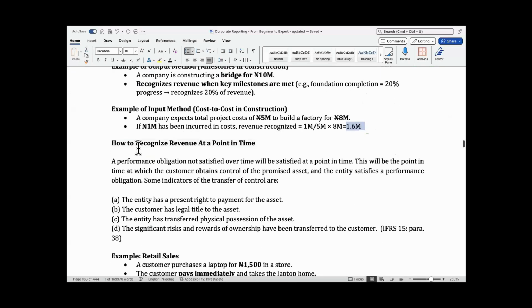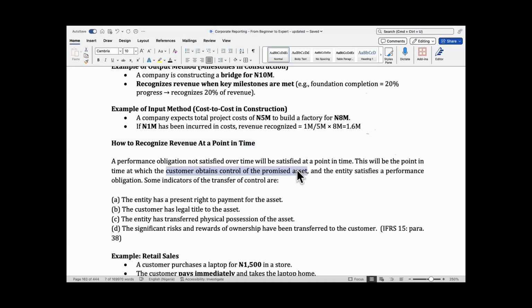This one is very straightforward. Recognizing revenue at a point in time is quite straightforward, because for this one, as soon as the customer obtains control of the goods, recognize revenue.